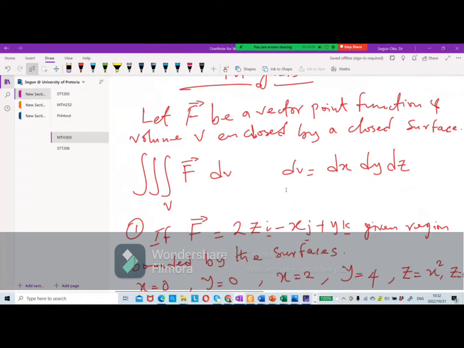A triple integral might not necessarily come in the form of a vector. It might not have i, j, k, all the components. It will just be: integrate this thing with respect to x, y, z. I don't know whether you get the point. So triple integral is for scalar functions, sir.